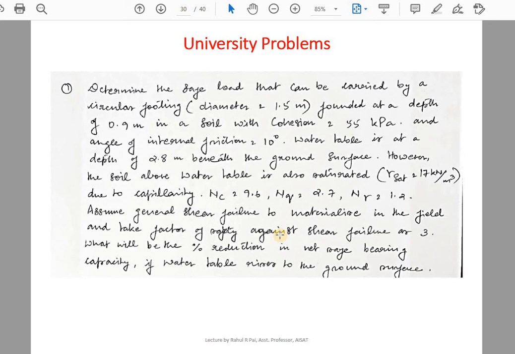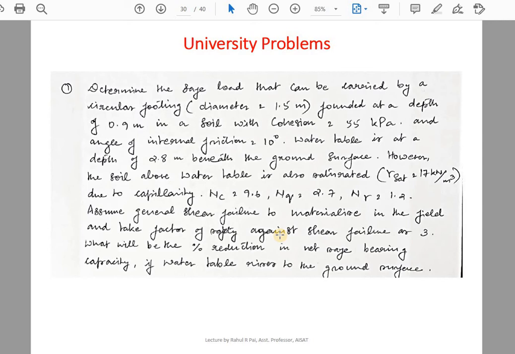Determine the safe load that can be carried by a circular footing of diameter 1.5 meter founded at a depth of 0.9 meter in a soil with cohesion 55 kPa and angle of internal friction 10 degree. Water table is at a depth of 2.8 meter beneath the ground surface. However, the soil above water table is also saturated.